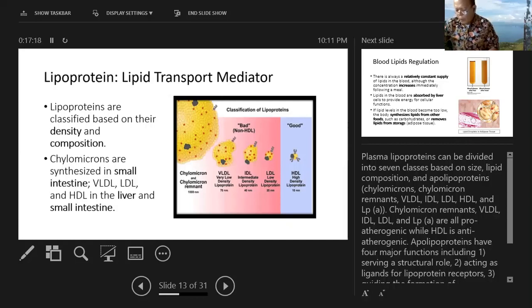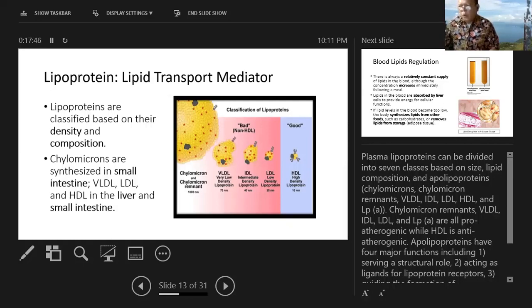Apolipoproteins have 4 major functions: 1. Serving as a structural role, 2. Acting as a ligand for lipoprotein receptors, 3. Guiding the formation of lipoprotein, and 4. Serving as an activator or inhibitor of enzymes involved in the metabolism of lipoprotein.